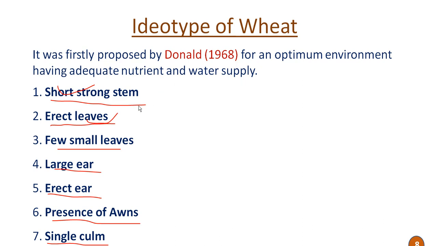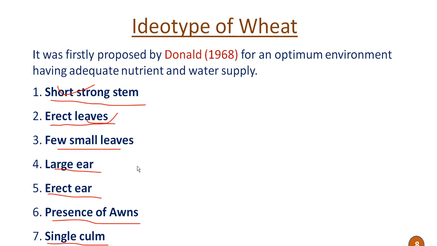So in case of wheat we prefer erect leaves. Then few small leaves. In a monocot plant like wheat, leaves serve mainly as photosynthetic, respiring and transpiring surfaces. Therefore, few small leaves per plant are desirable as the planting densities will be high.